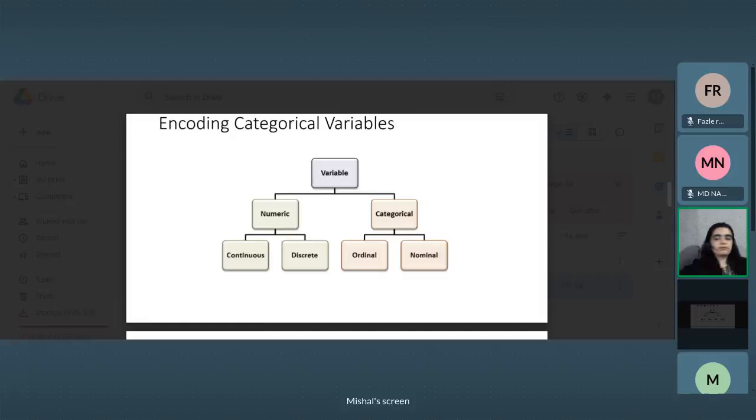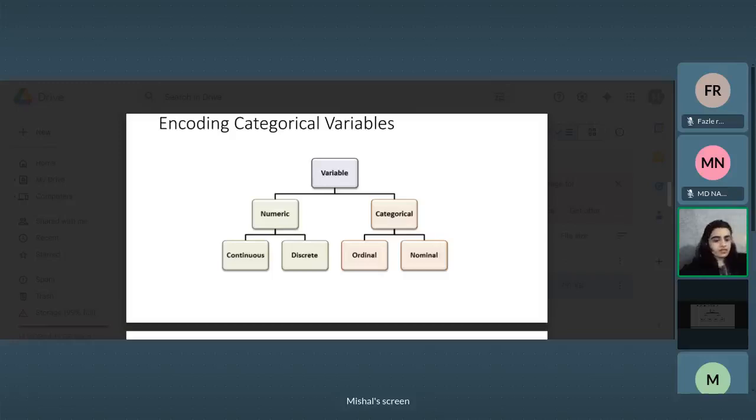Now, ordinal, nominal. In ordinal features, categorical features, we have some sort of order, like one is better than the other. There is a specific order. For example, bachelor's degree, then comes master's degree, and then comes PhD degree.